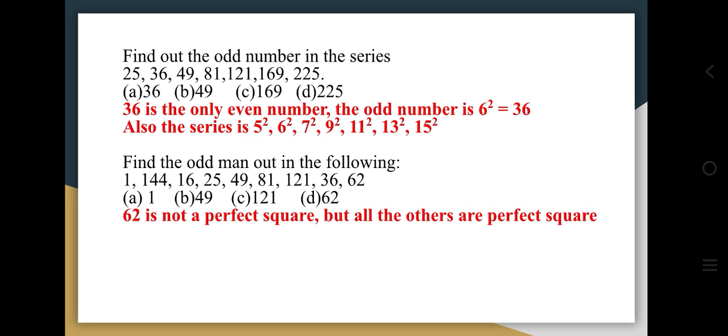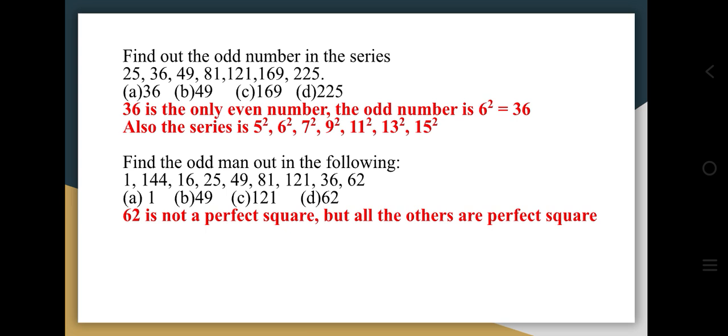Find out the odd number in the series: 25, 36, 49, 81, 121, 169, 225. So clearly all the given numbers are perfect squares.